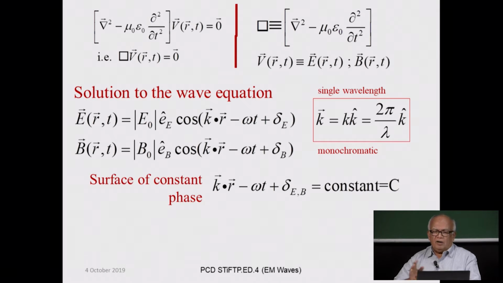If you take r to be in the direction of k, then it will be like kz or kx or ky, or whatever is the variable along that direction. So, let us just take it to be z, just for the sake of a tentative discussion. So, if the argument is kz minus omega t plus delta, when will this be a constant?